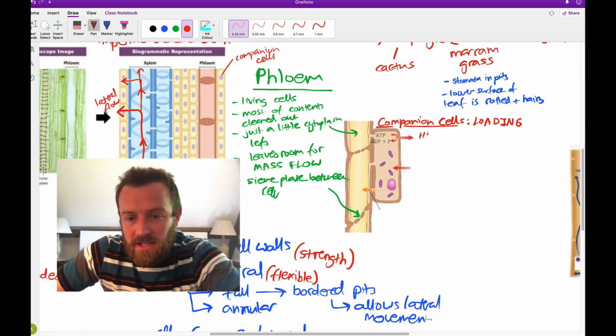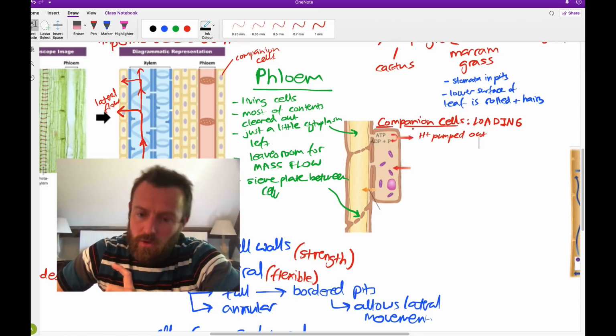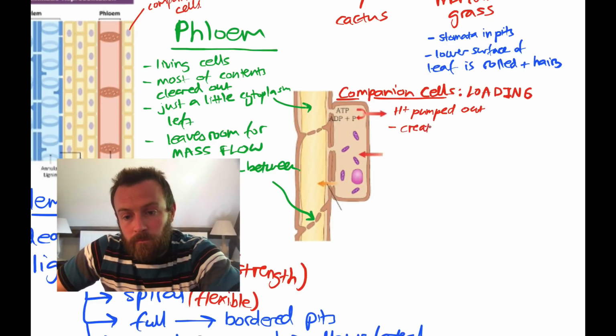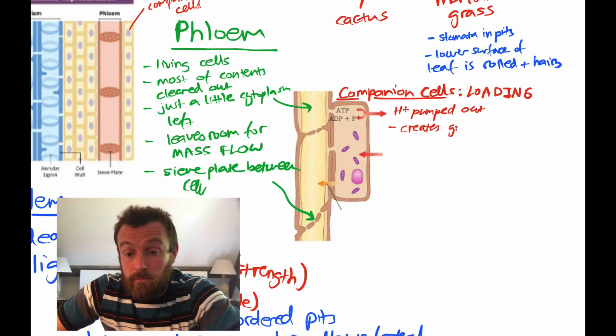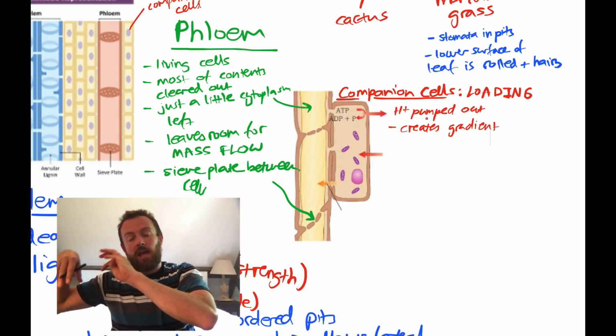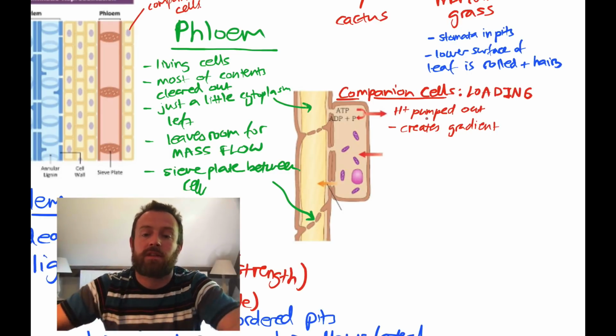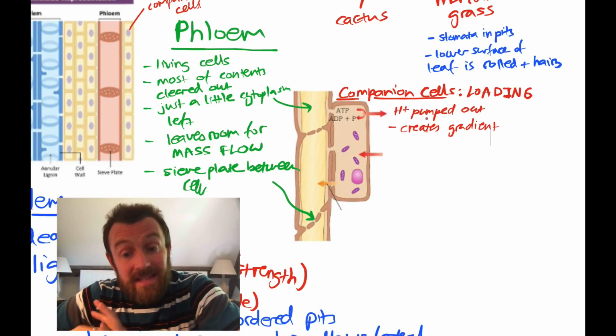First thing, H+ pumped out. Seems strange. We start with pumping something out. Hold on a minute. This creates a gradient. So we've got lots of H+ outside, not a lot in. Then H+ flows back into the companion cell.